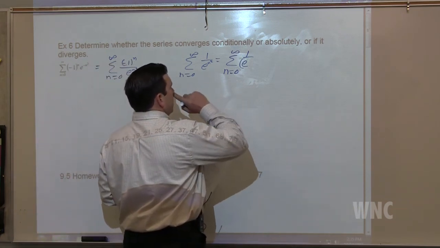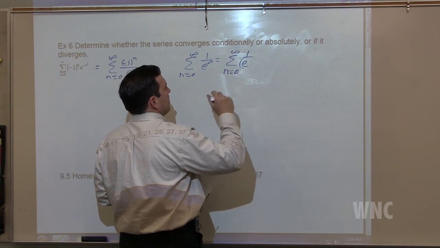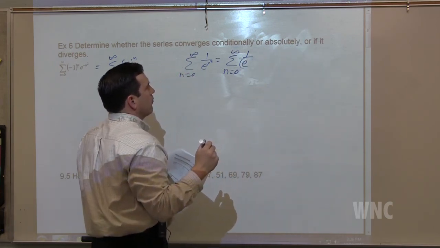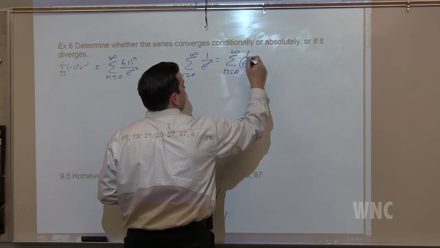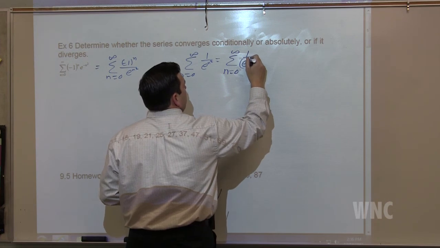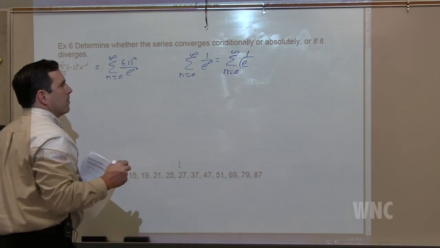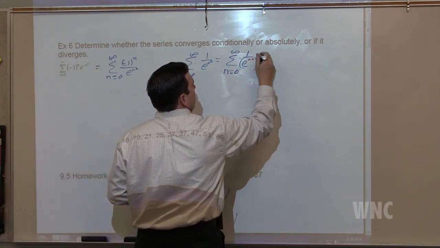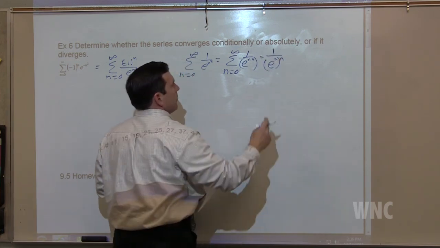Okay, so e to the n squared. I can't say e to the n. I could say e to the n times n, which should be 1 over e to the n, like that. There we go.